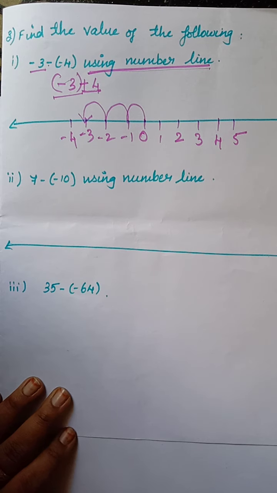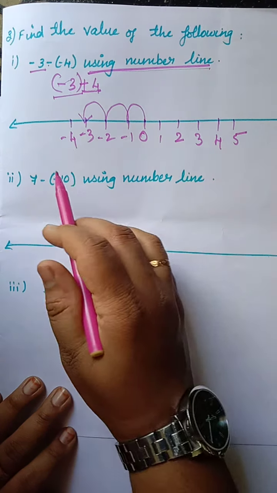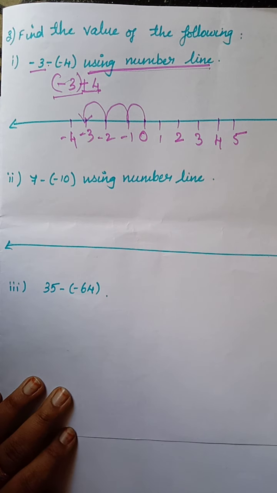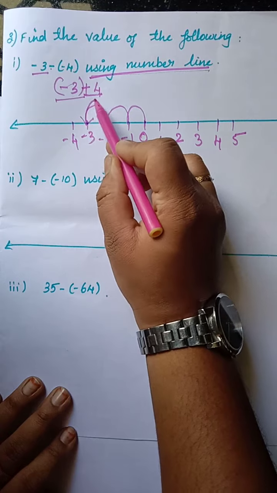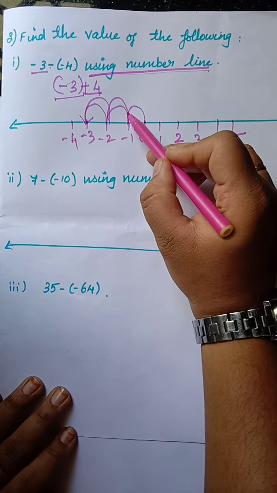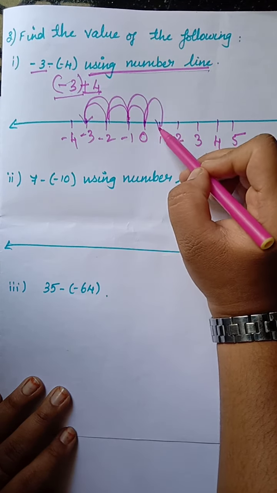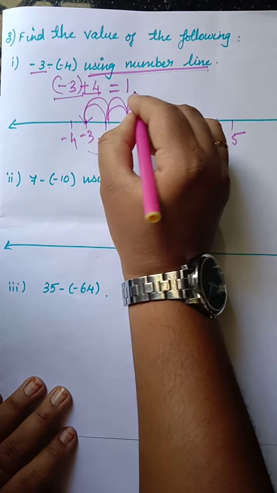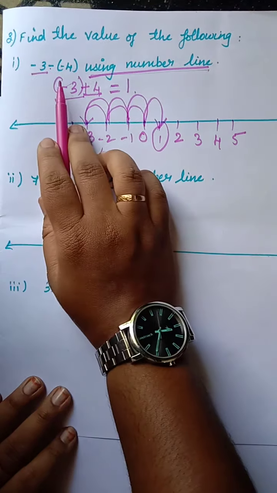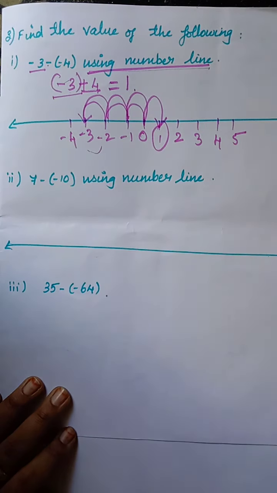Positive numbers will be on the right hand side of 0. So we have to move 4 units this way. From minus 3 I am going to move 4 units, 1, 2, 3, 4. So you will be at 1. So your answer here comes as 1. Clear? So minus 3 plus 4 equal to 1.